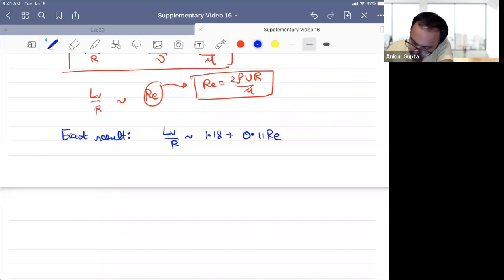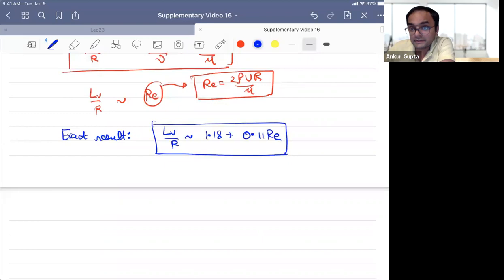For large Reynolds number, which is the limit we are studying, the constant goes away and you get 0.11 RE, which is what we get from our scaling analysis. Our scaling analysis assumed large Reynolds number, because we were assuming potential flow outside and so on. So we were able to get the scaling analysis correct.